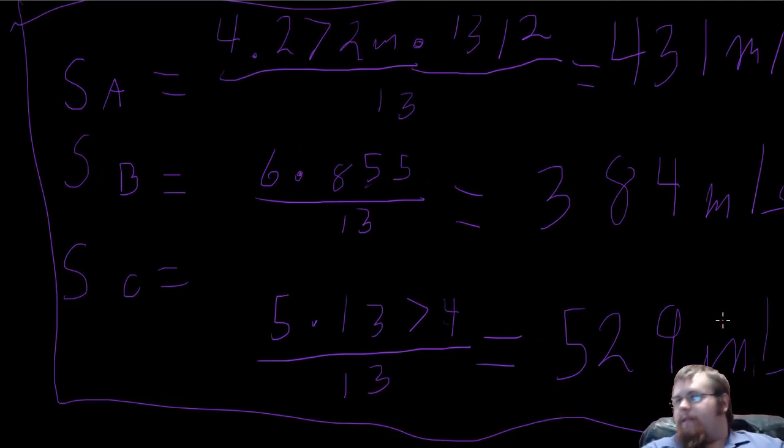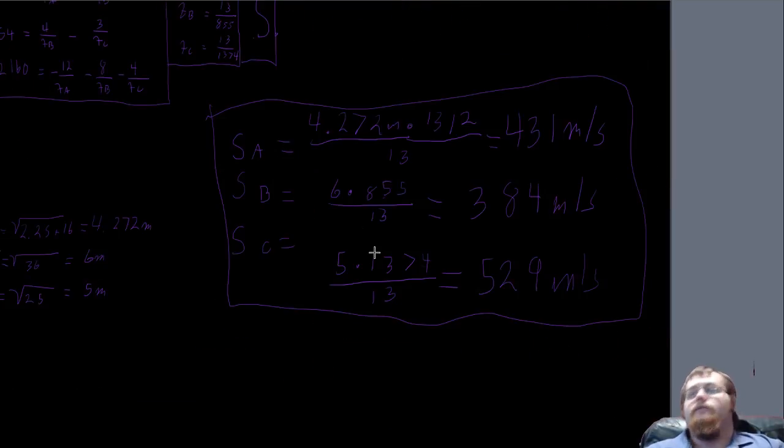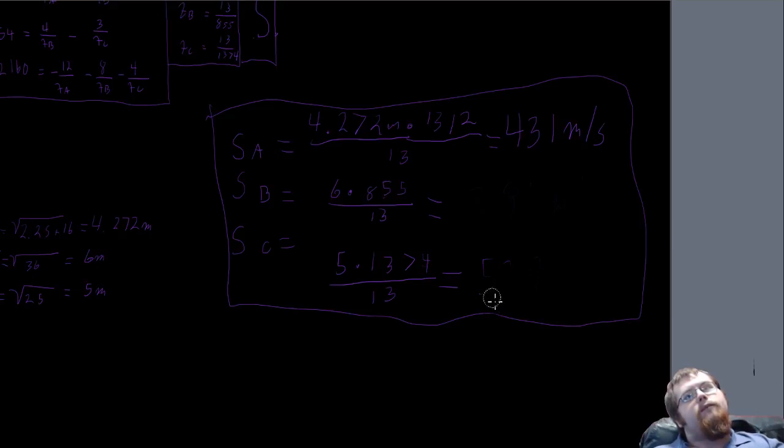So we have those, and then plug those back in after we zoom out, because it's disconcerting how large it is. There we go, much better. Now get the calculator brought back up. 6 times 855.